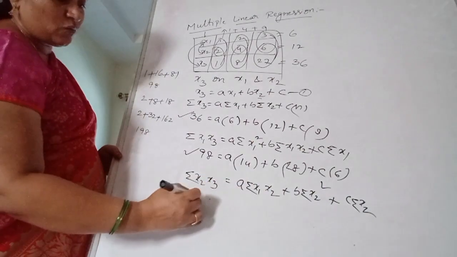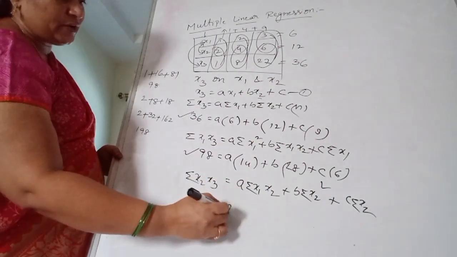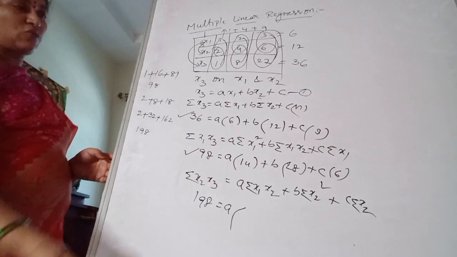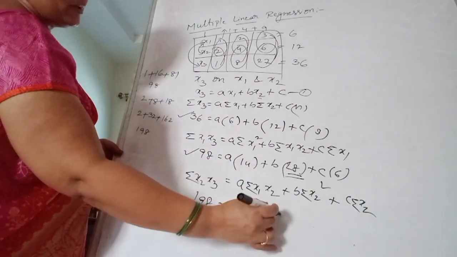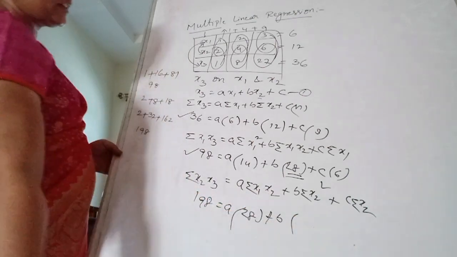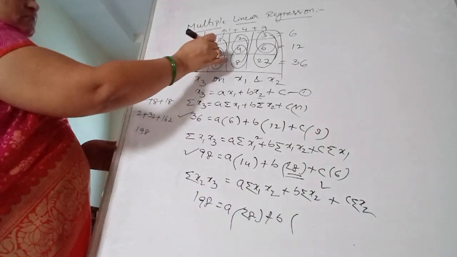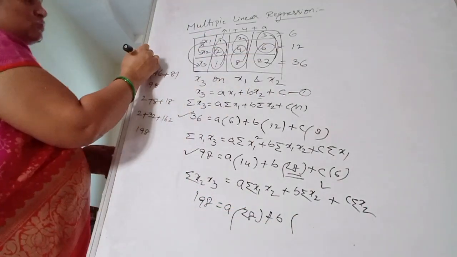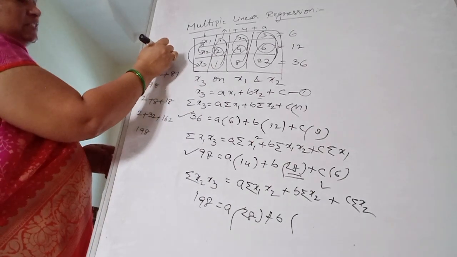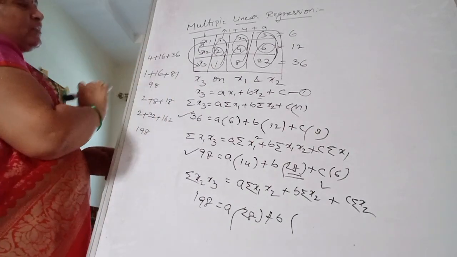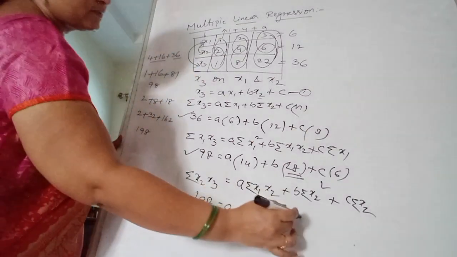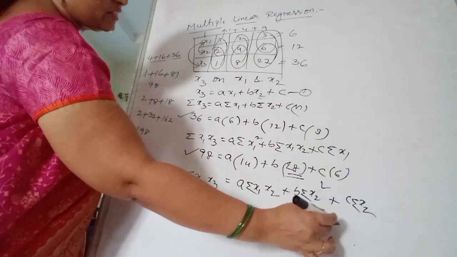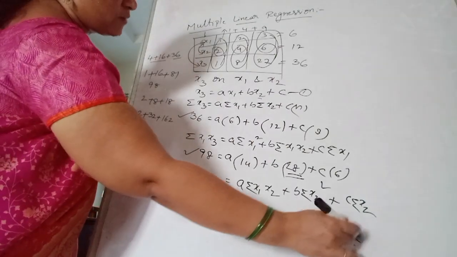So 198 is equal to a into summation of x1 x2. It's already written here: summation of x1 x2 is 28. Plus b into summation of x2 square. Just square these values: 2 square is 4, 4 square is 16, 6 square is 36. Now add all these values: 20 plus 36, 56. Plus c into summation of x2, which is 12.